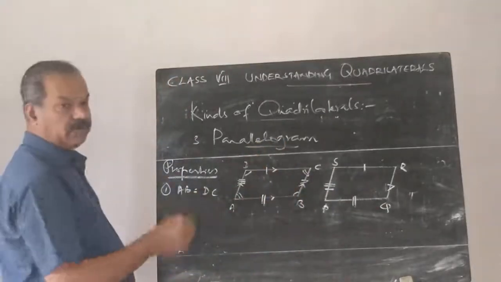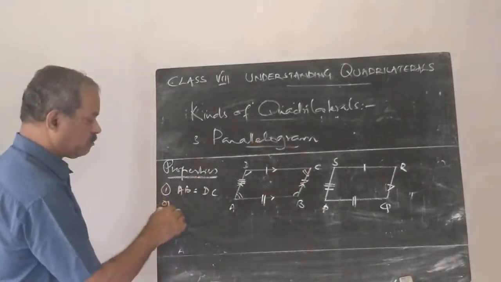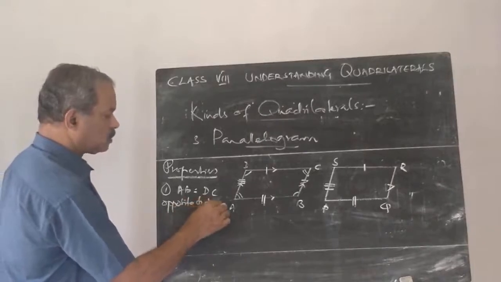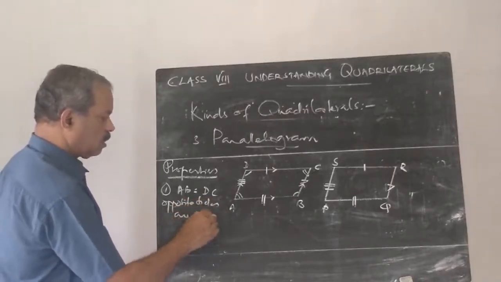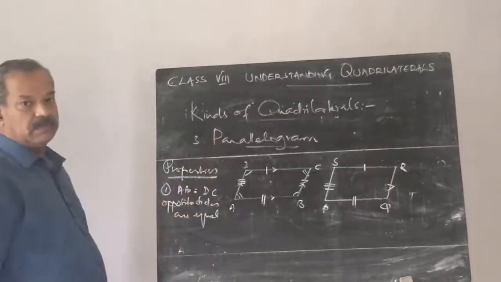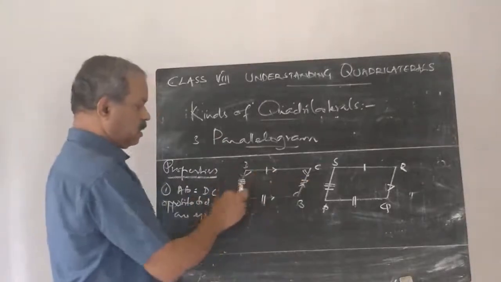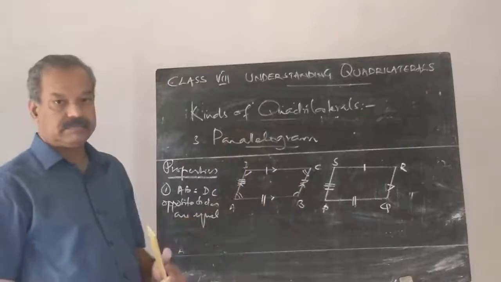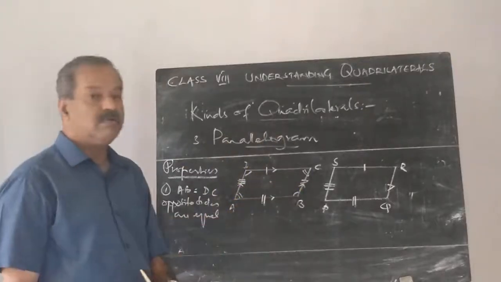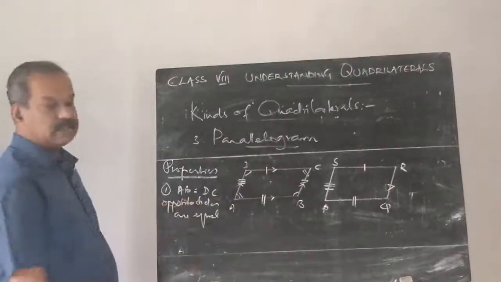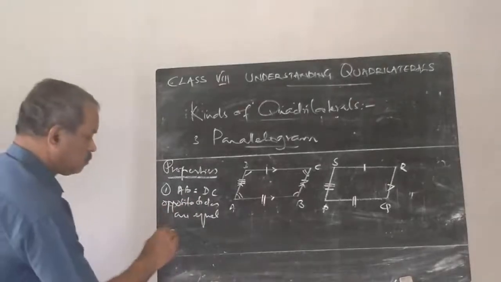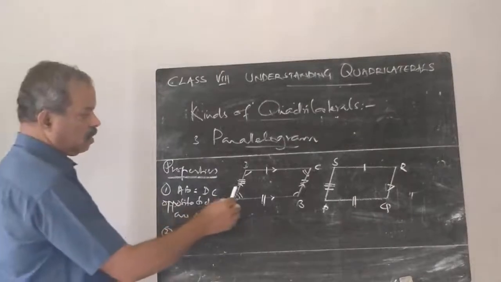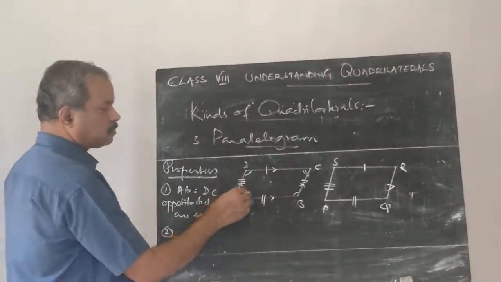Opposite sides of a parallelogram are equal. This is the first property. And the remaining pair, AD is equal to BC. Opposite sides are equal.